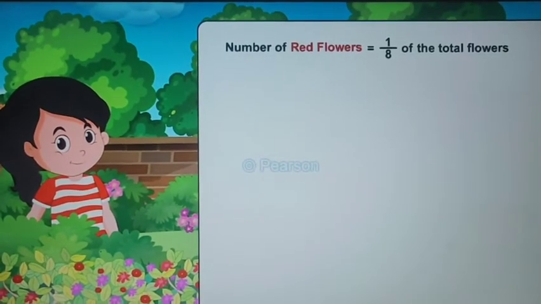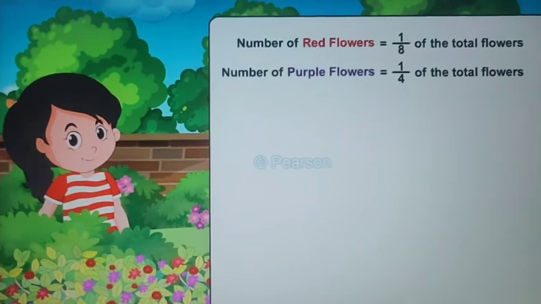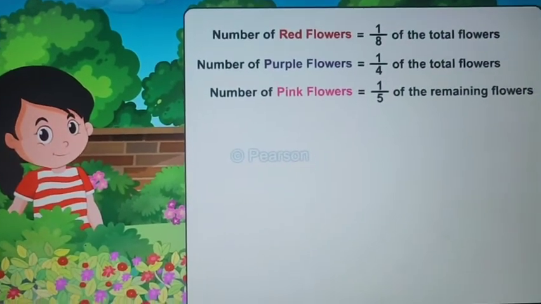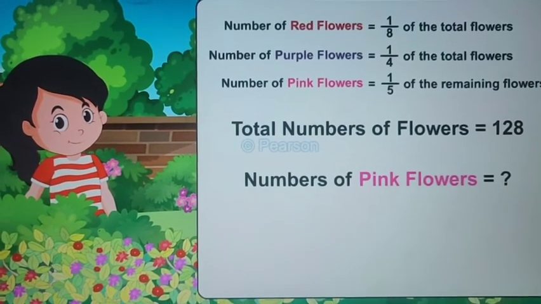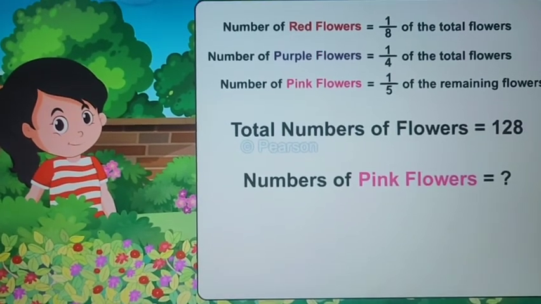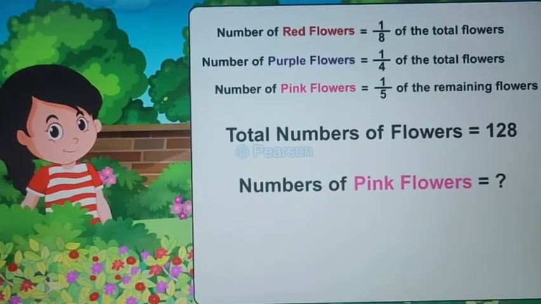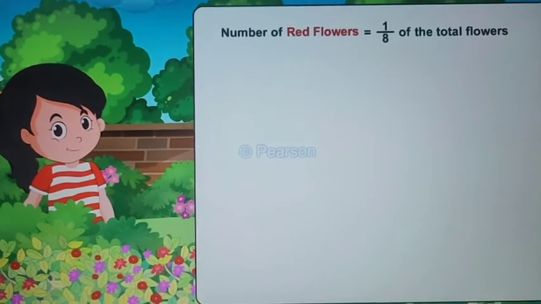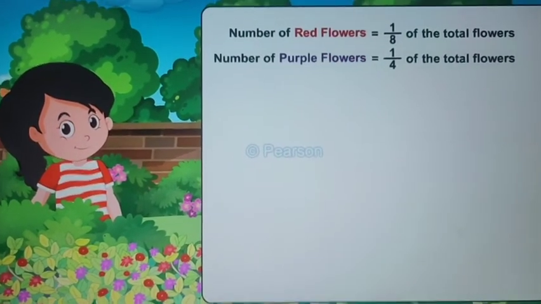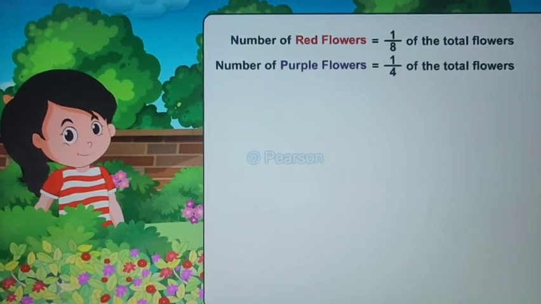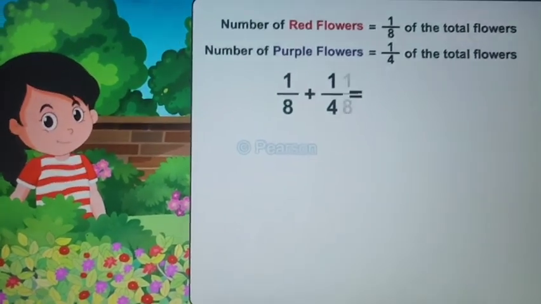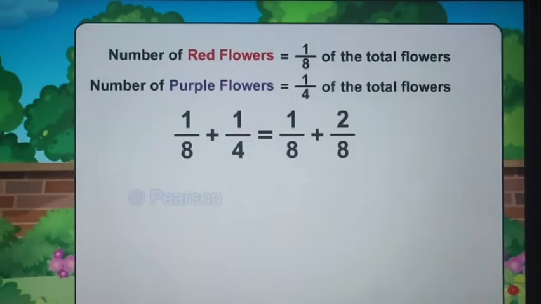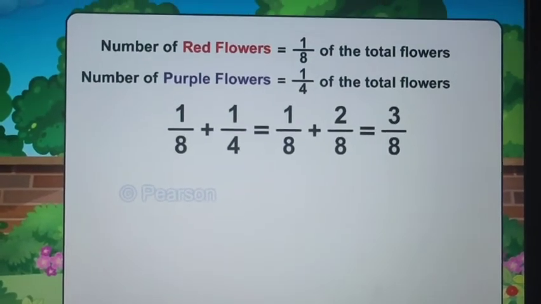In Jenny's garden, 1/8 of the flowers are red, 1/4 of them are purple, and 1/5 of the remaining flowers are pink. If there are 128 flowers, how many flowers are pink? Let's start by finding out the number of red and purple flowers in all. 1/8 plus 1/4 is equal to 1/8 plus 2/8 is equal to 3/8.